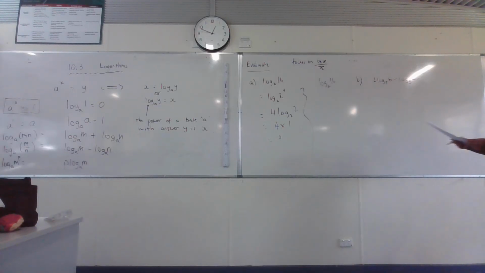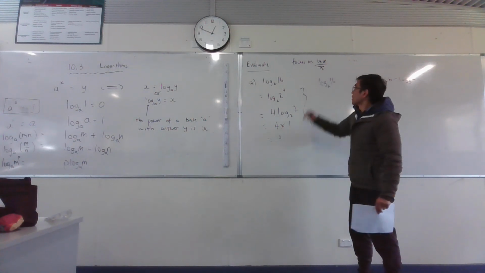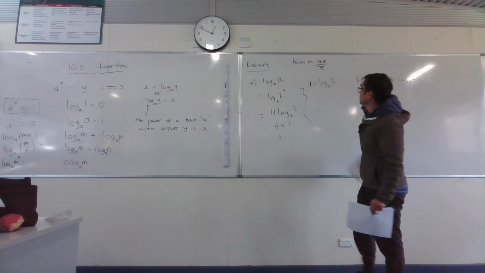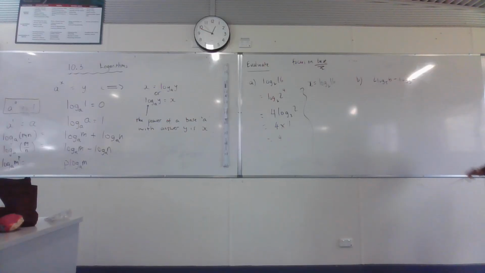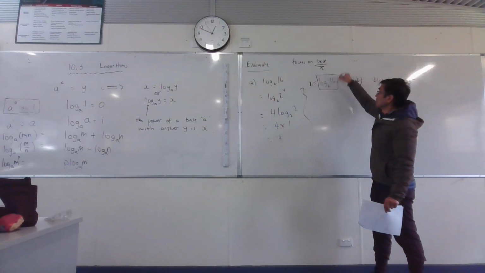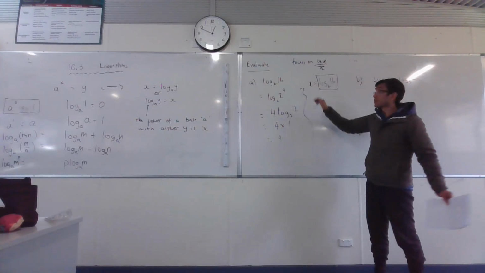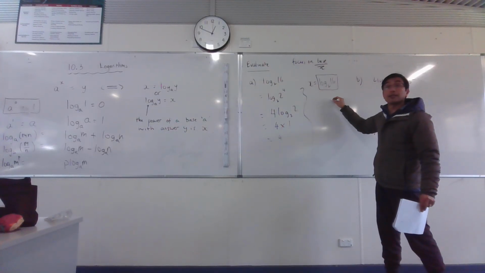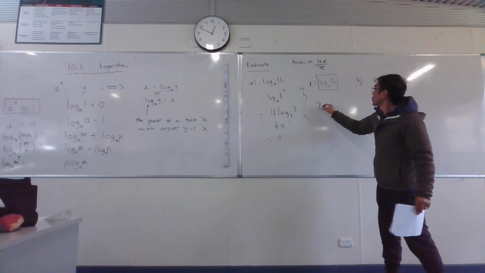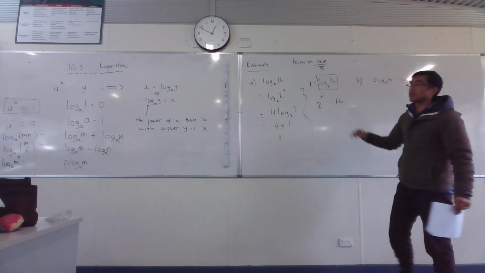Oh, let's do it this way. Let's start off with this. We're trying to find what we were given as our question, as our unknown. So we're introducing x. Say it again. 2 to the power of x equals 16.